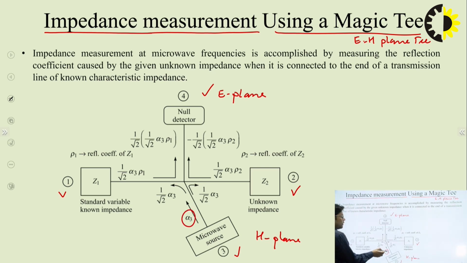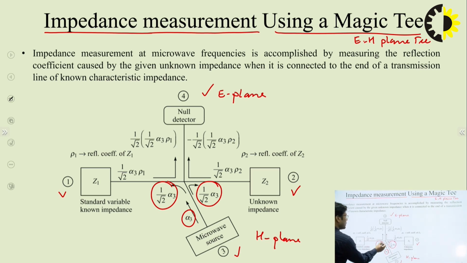So if I say in terms of power, that is delivered from this source, and this power is equally divided in these two, port number 1 and port number 2. In terms of voltage, that should be 1 by root 2 of this incident voltage. That's why we have taken 1 by root 2 alpha 3 here. In other terms we can say this is equal power division.